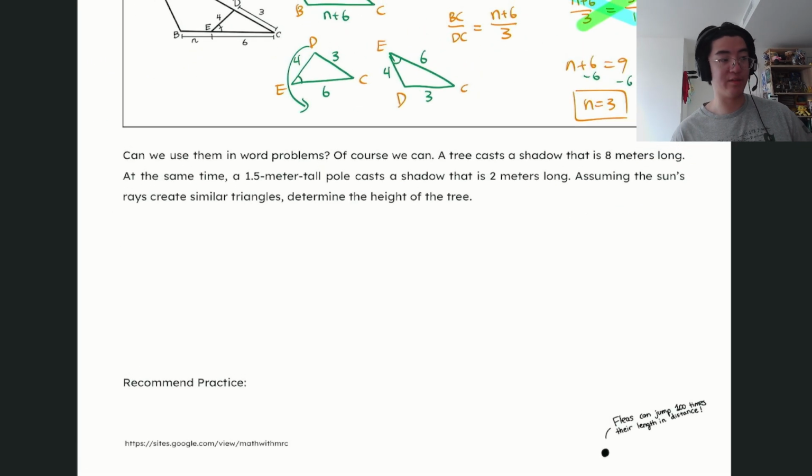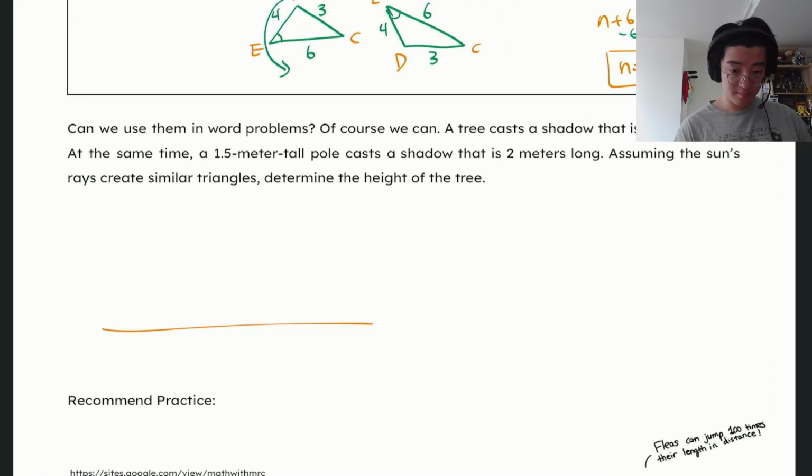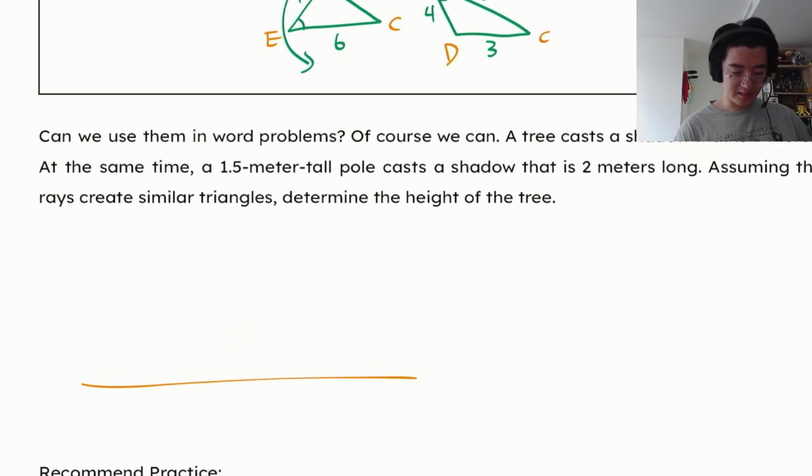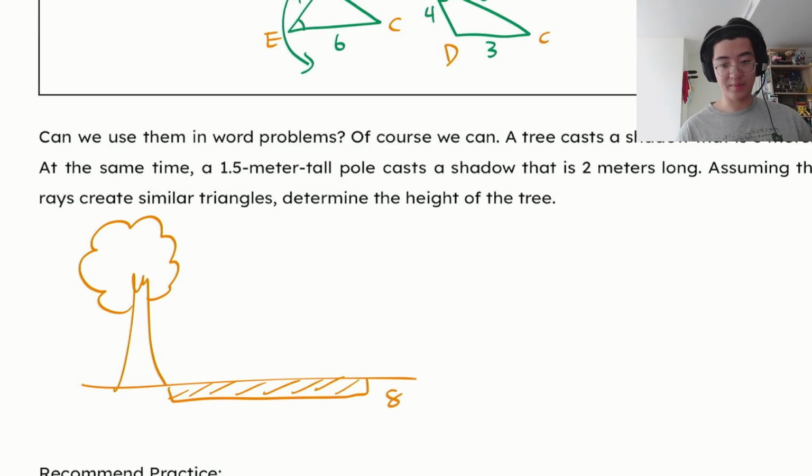Okay, here's the last one. Word problem. Of course we can have word problems. So we have a tree. I got ground here. We got a tree that casted a shadow of 8 meters. So that's 8 meters here.